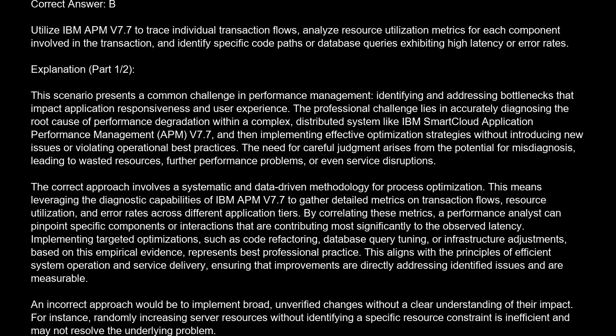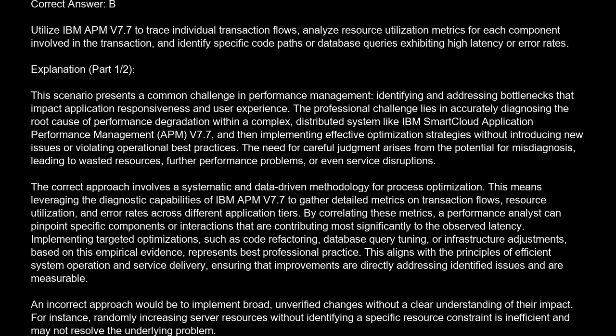Explanation. This scenario presents a common challenge in performance management, identifying and addressing bottlenecks that impact application responsiveness and user experience. The professional challenge lies in accurately diagnosing the root cause of performance degradation within a complex distributed system like IBM SmartCloud Application Performance Management, APM, v7, and then implementing effective optimization strategies without introducing new issues or violating operational best practices.